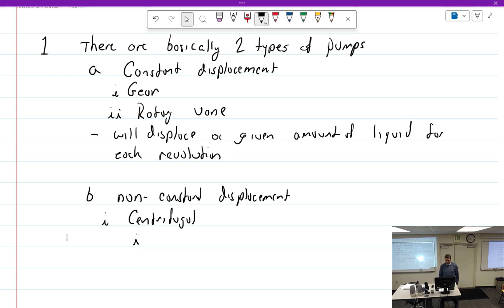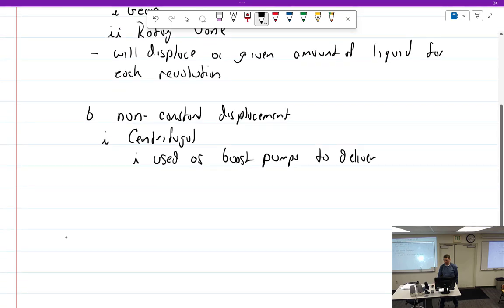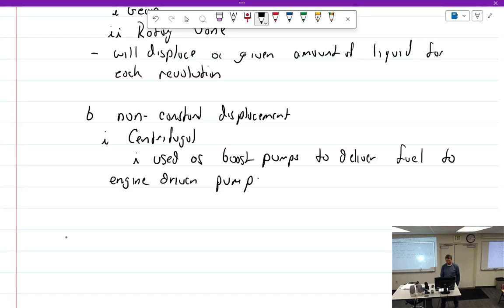So used as boost, centrifugal. They are used as boost pumps to deliver fuel to engine-driven pumps. Why would you need that?